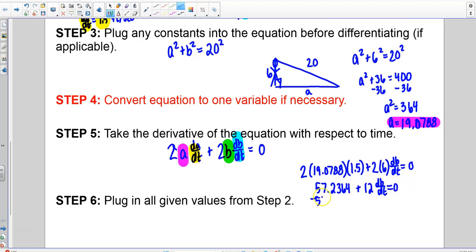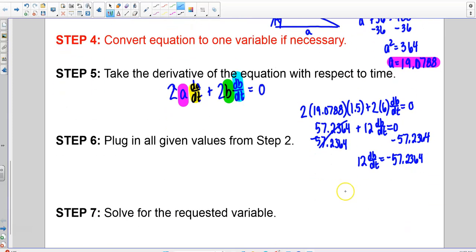We're going to subtract our 57. So now I got 12 dB dt is negative 57.2364. We're going to divide by 12. And so dB dt is going to be negative 4.7697.